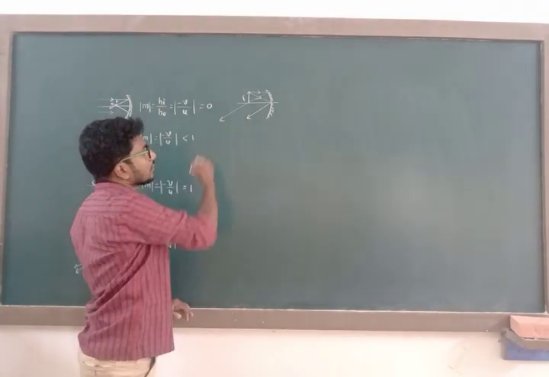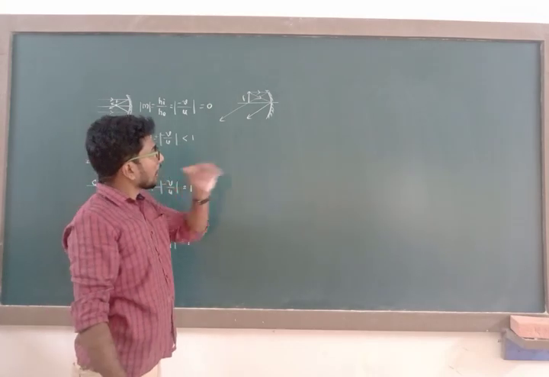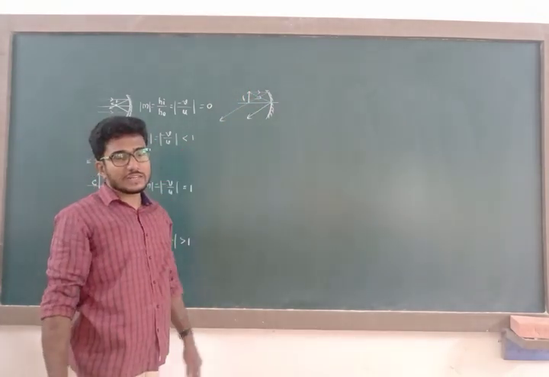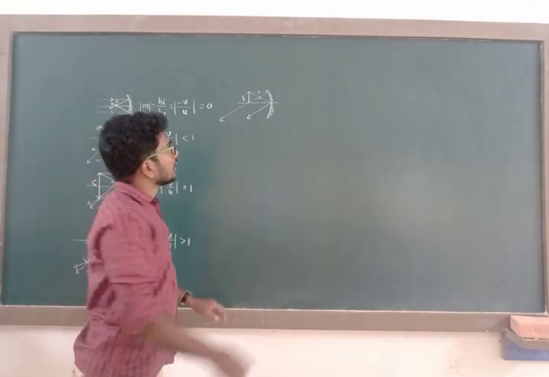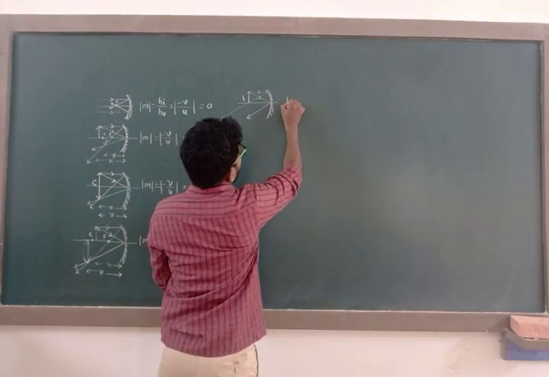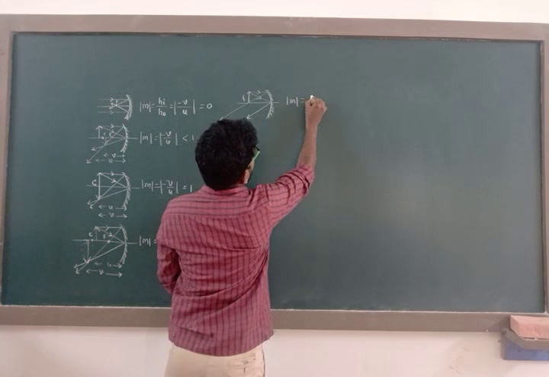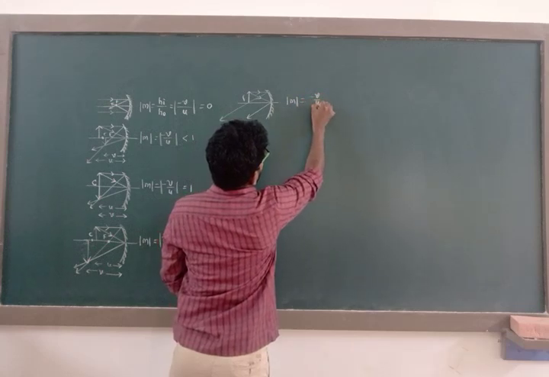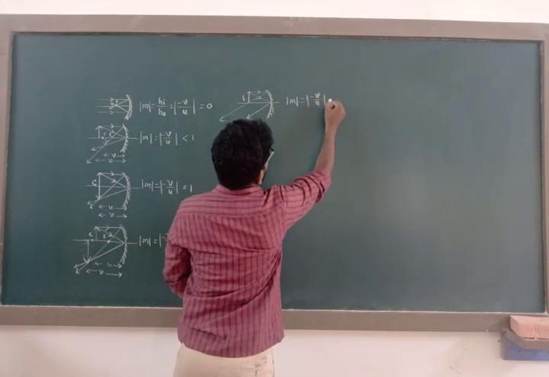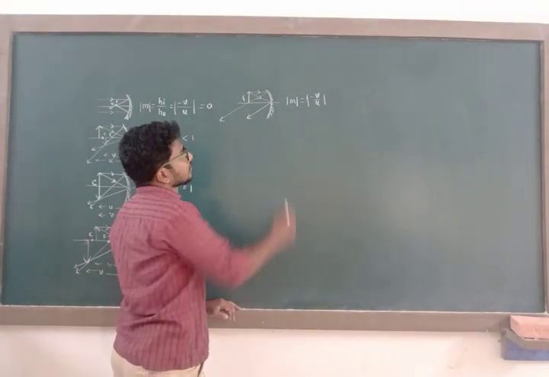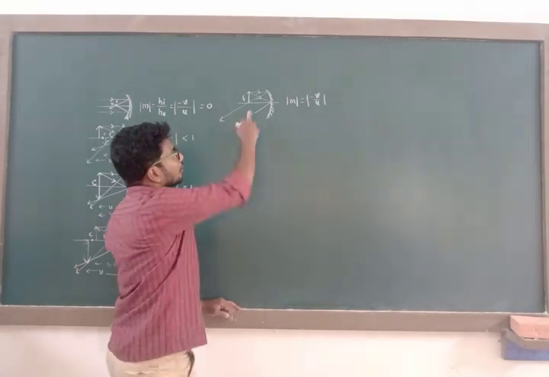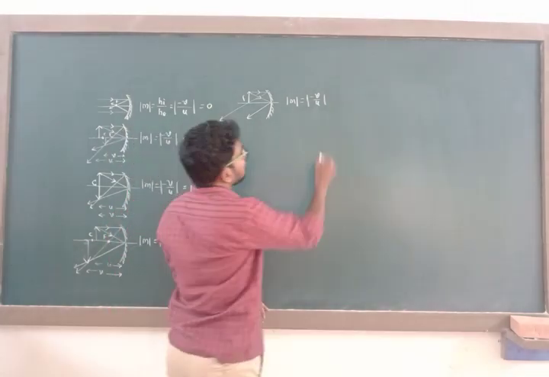Here v is equal to infinity and u is equal to focal length, because the object lies at the principal focus. Then linear magnification is equal to minus v divided by u. v is equal to infinity, so infinity divided by object distance is equal to infinity.